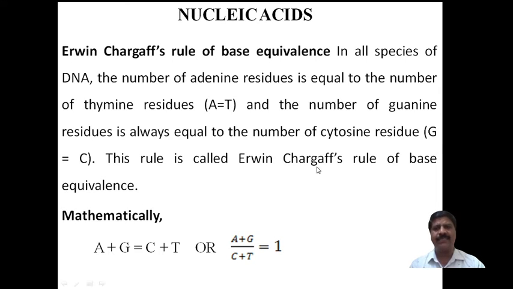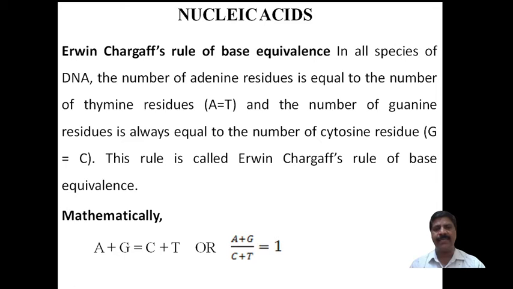This rule says that in all species of DNA, the number of adenine residues is equal to the number of thymine. A equal to T. This is one equation. And the number of guanine residues is always equal to cytosine. Therefore, G equal to C. This is the other equation. And this rule is called the Irving Chargaff rule of base equivalence.